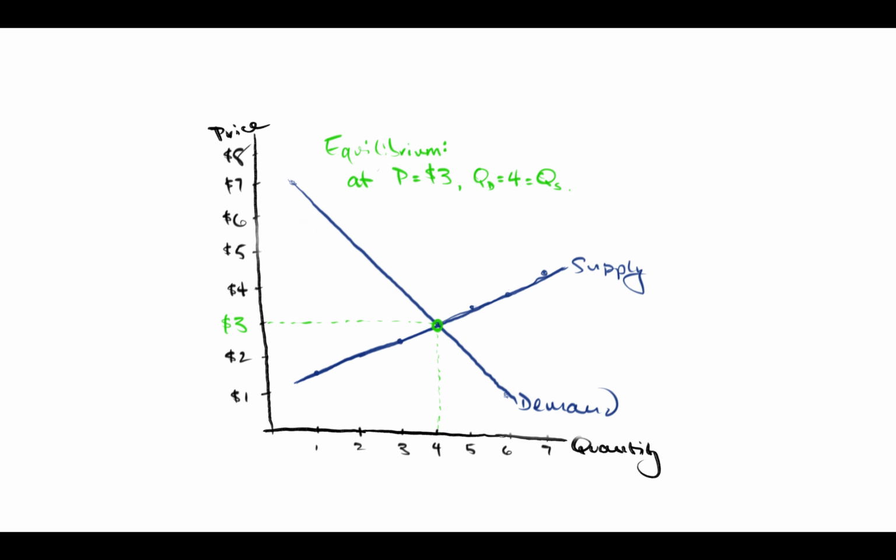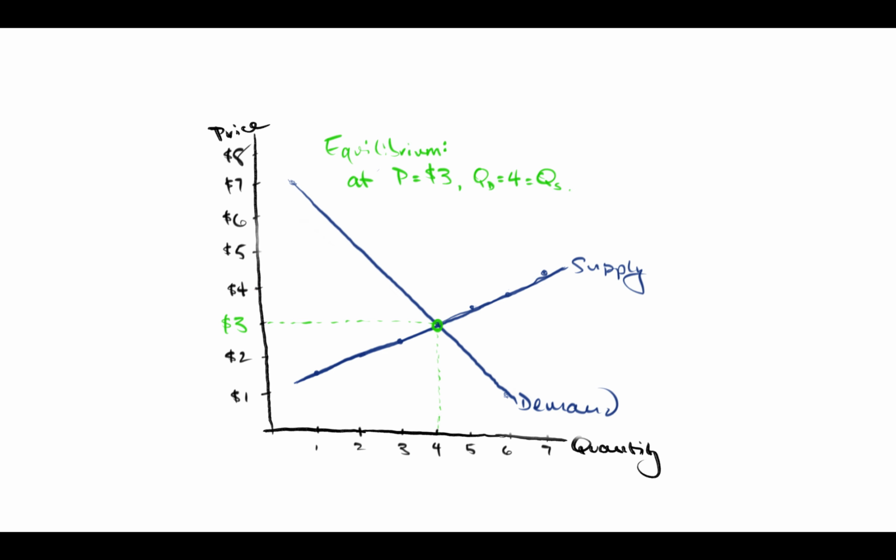So here's our equilibrium. The important things to remember: quantity supplied and quantity demanded. Both of those are what would be produced and what would be consumed at a particular price.